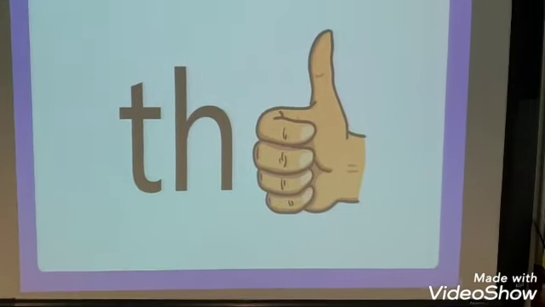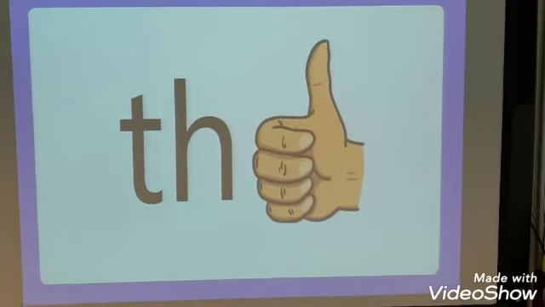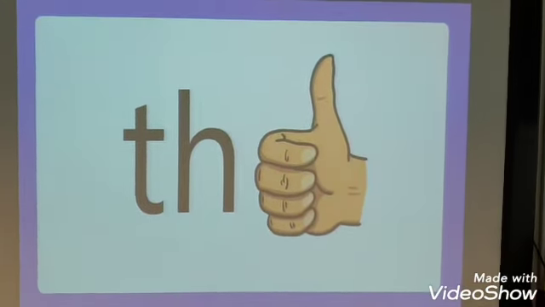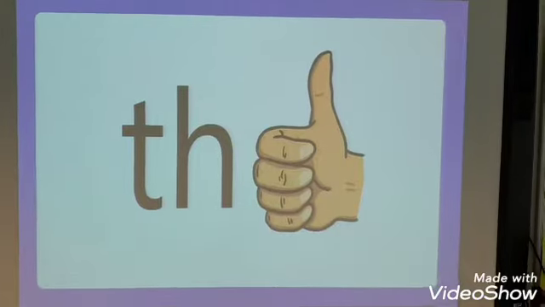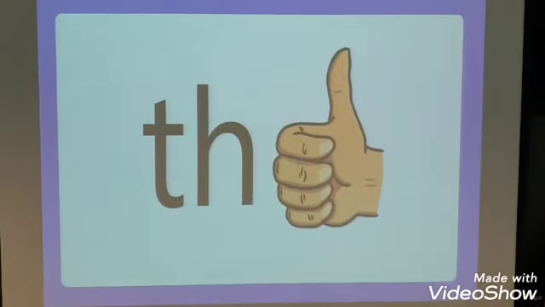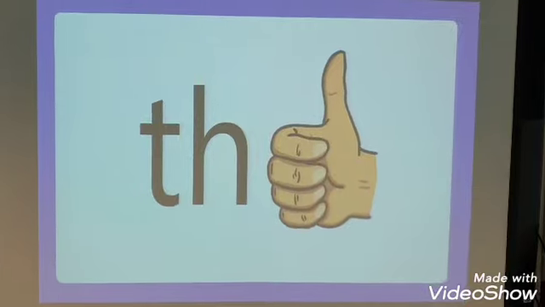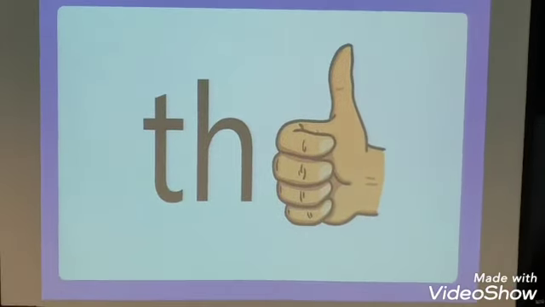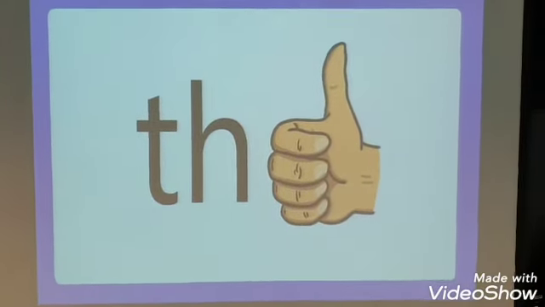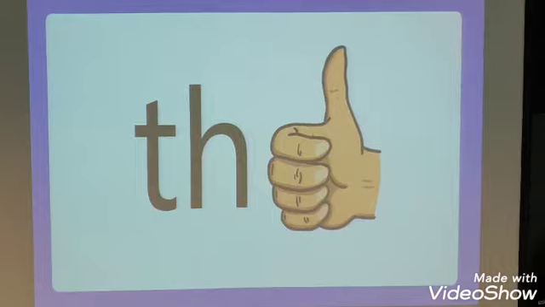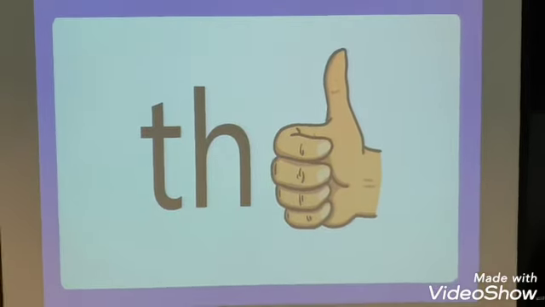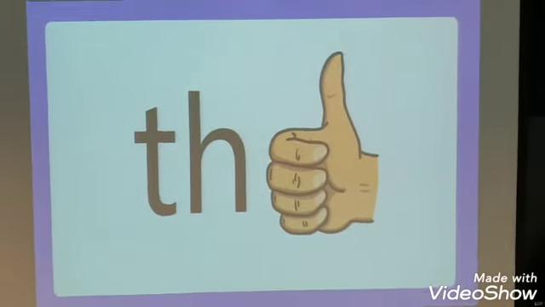Now moving on to our next sound. This is the sound th. When you make this sound, you have to have your tongue in between your teeth so that you can make that th sound. Now, sometimes people get confused and they think that they should make this sound like f.